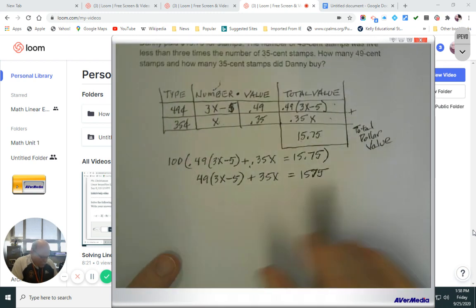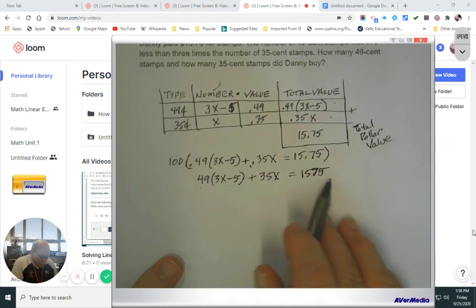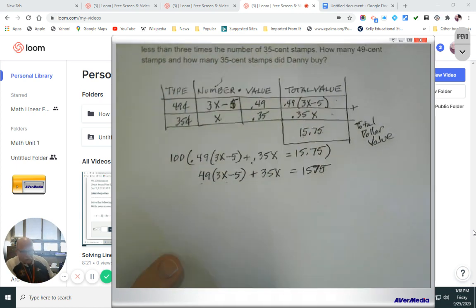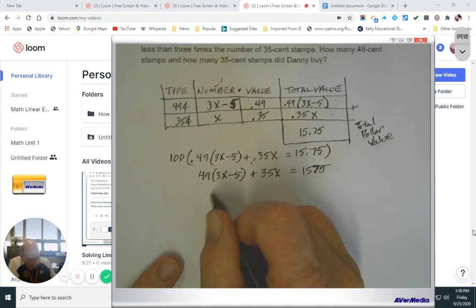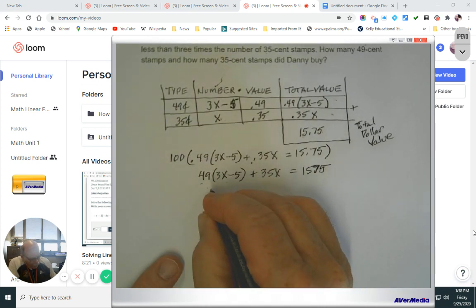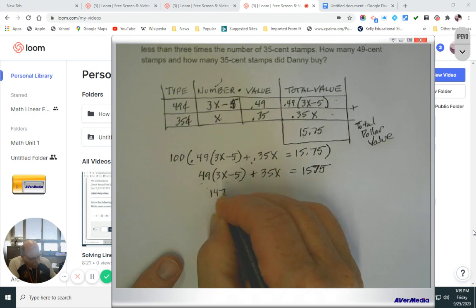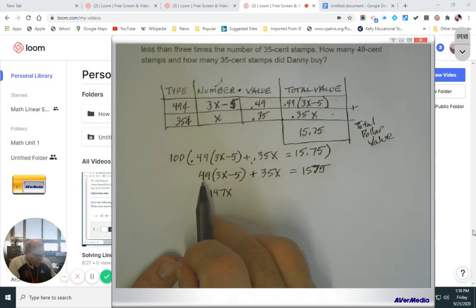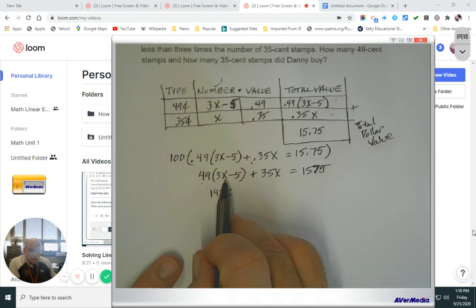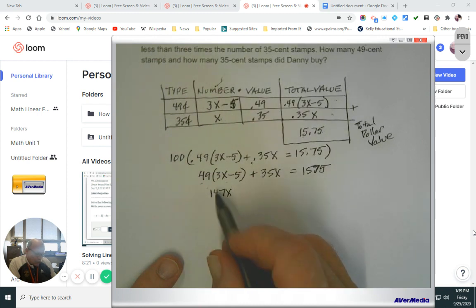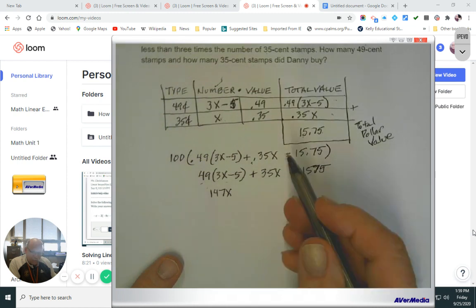And now we can just go ahead and distribute and combine like terms, and do all the steps of a multi-step equation. So we're going to have 147x, right? This has been 0.49 times 3. I might have had a little bit more trouble with it, but I know what 50 times 3 is. It's 150.